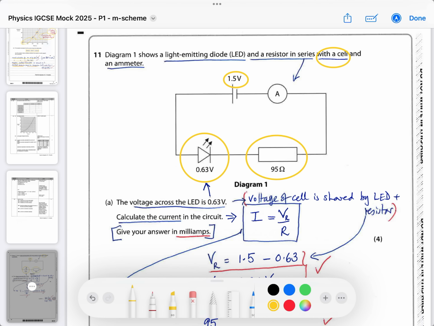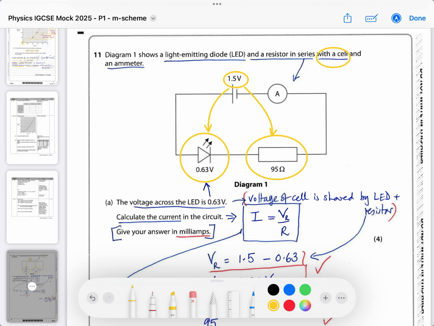to work out. Well, the 1.5 volts will be shared between this and this, so you should be able to work out that the rest of the 1.5 volts will be going to the 95 ohm resistor.